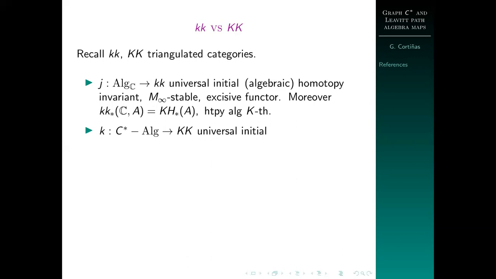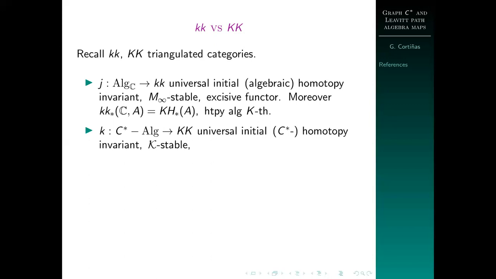Similarly, Kasparov's KK is the target of a universal initial functor from C-star algebras to triangulated categories. Here, C-star algebras means separable C-star algebras. The target is a triangulated category that is C-star homotopy invariant, meaning it is homotopy invariant with respect to continuous C-star homotopy.